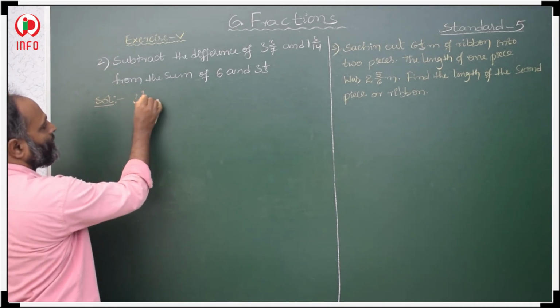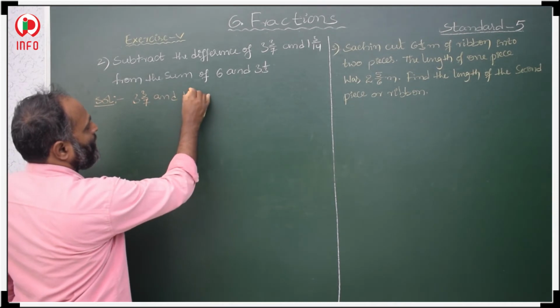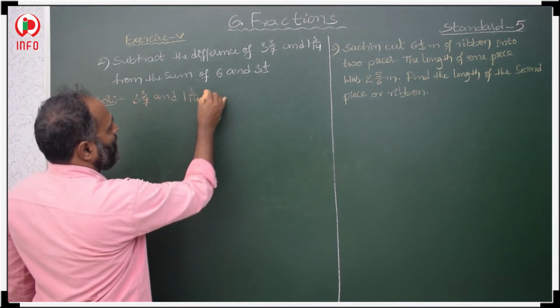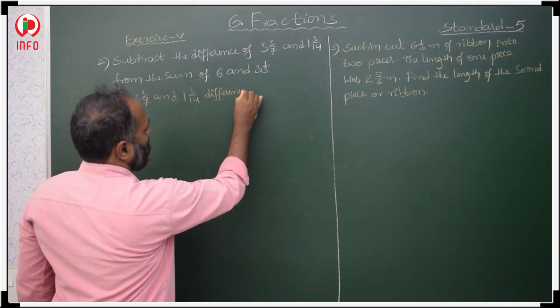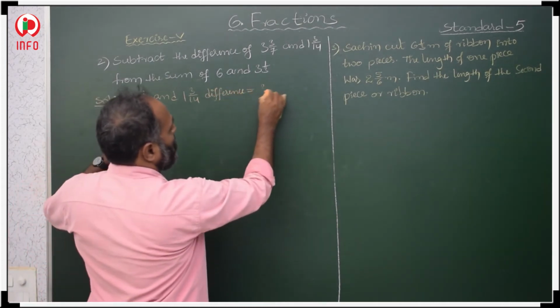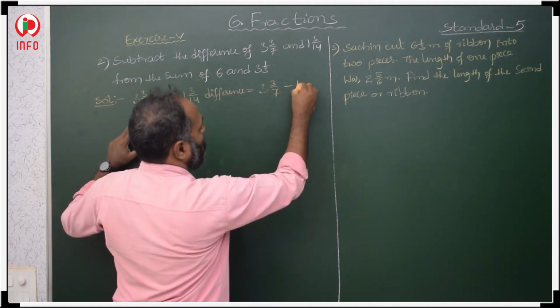3 by 7 and 1 3 by 14. The difference is 3 by 7 minus 1 3 by 14.